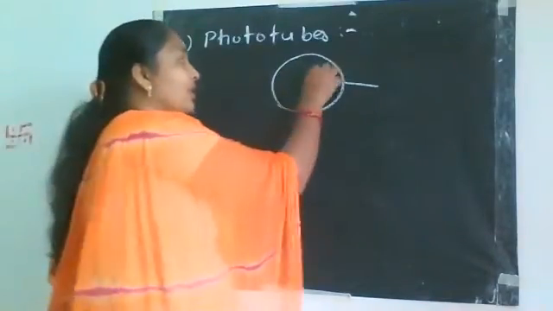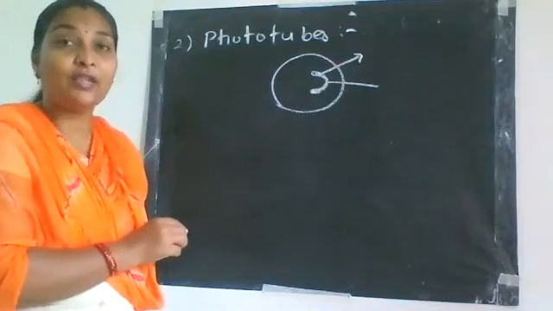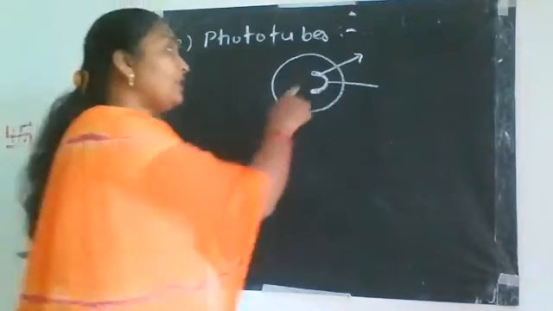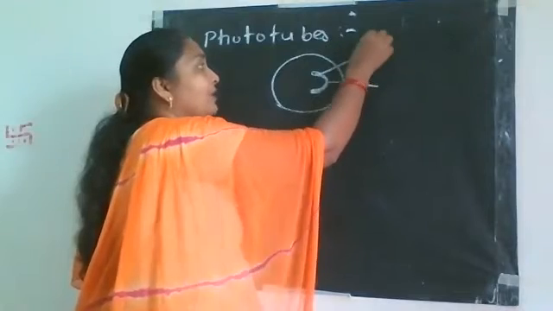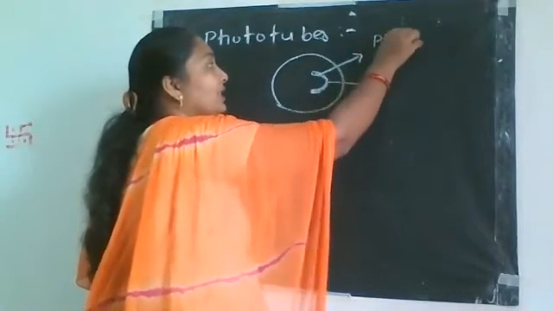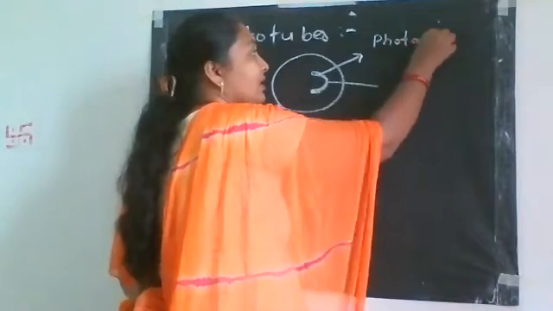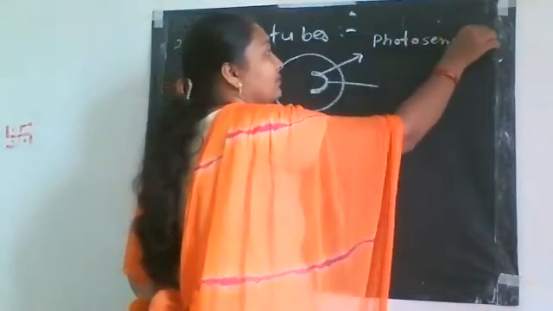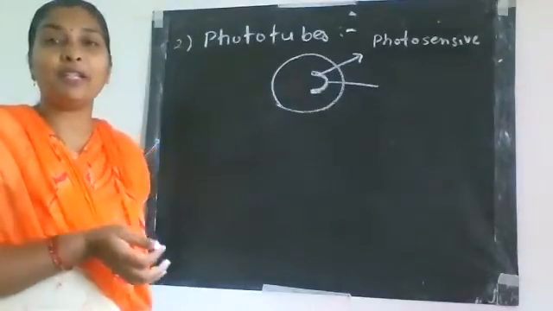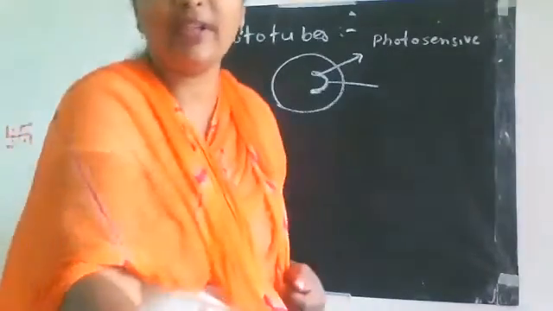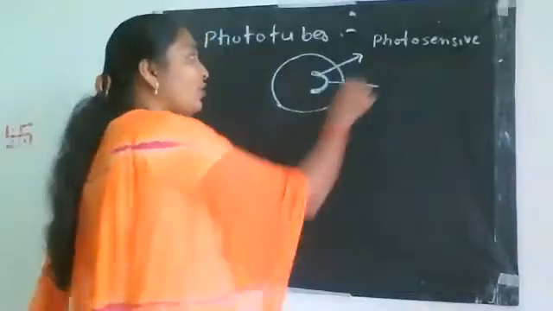So a metallic cathode is fitted in the evacuated bulb, and the inner lining of this is coated by the photosensitive, or we will say light sensitive, material. That photosensitive material will be an oxide.